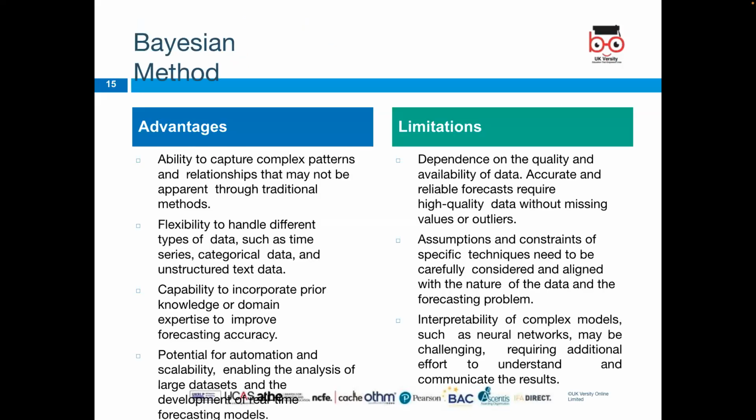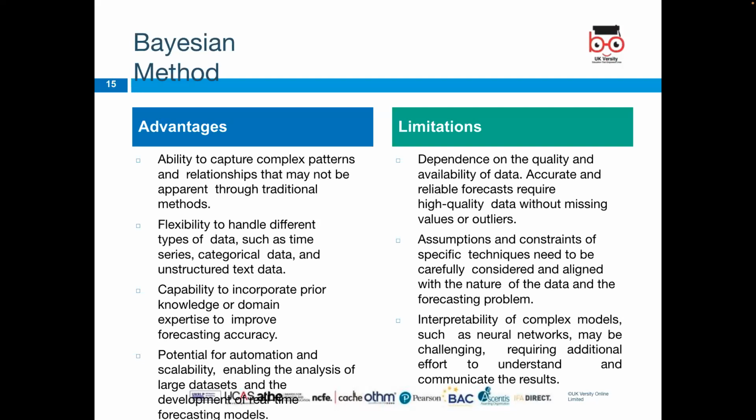So these are the advantages and the limitations of the method. The first advantage is the ability to capture complex patterns and relationships that may not be apparent through traditional methods. The next advantage is flexibility to handle different types of data, such as time series, categorical data, and unstructured text data.